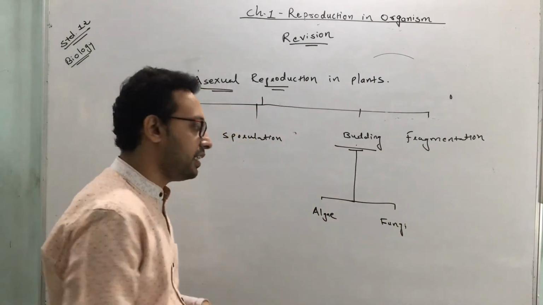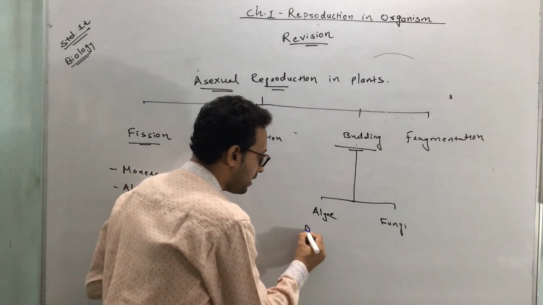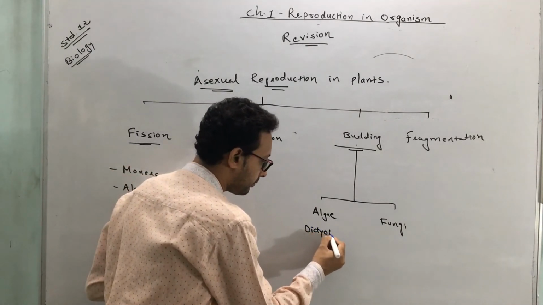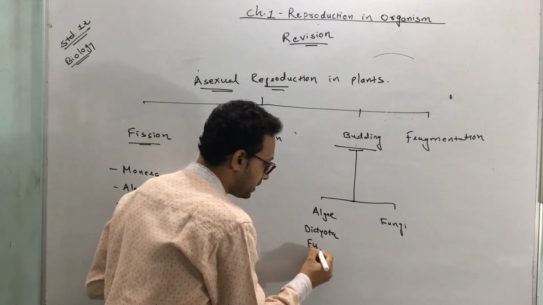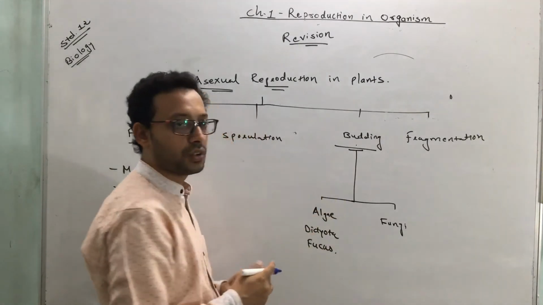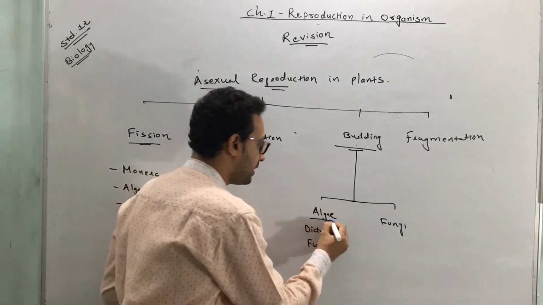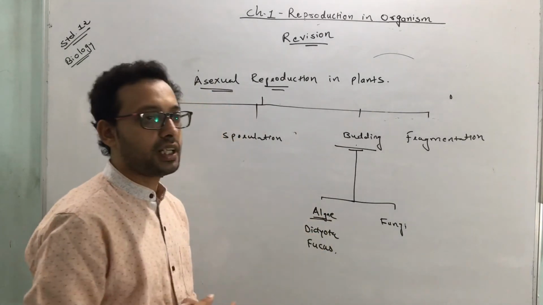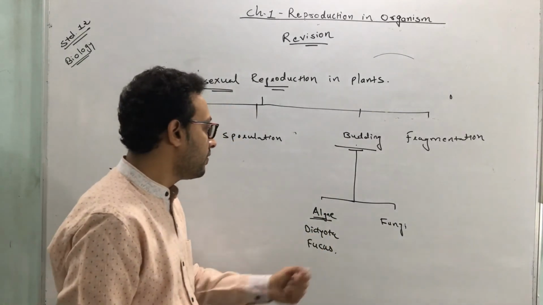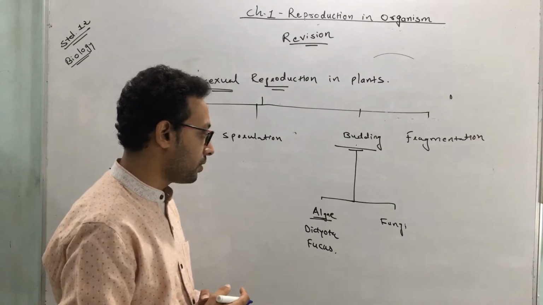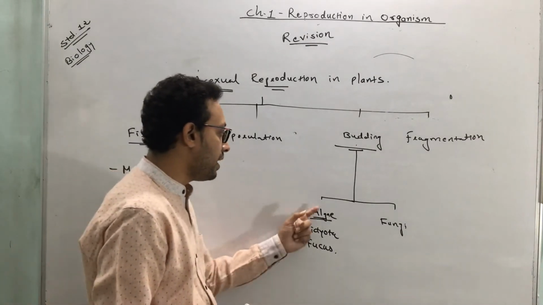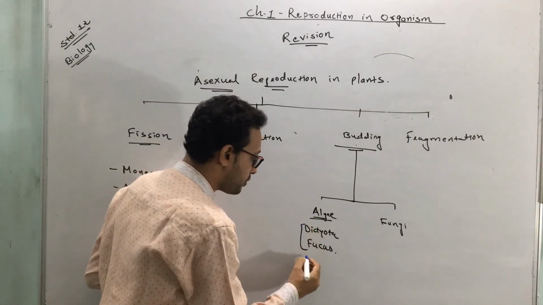Okay, so which algae? The names of the algae are Dictyota and Fucus. Okay, which are examples of algae? They reproduce, Dictyota and Fucus, by formation of adventitious branches.